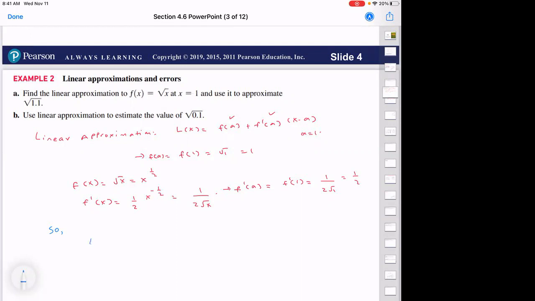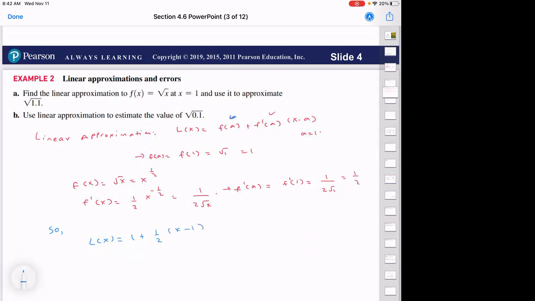So what is the linear approximation of the function at 1? Go back to this equation: f(a) is 1, plus f prime(a) is 1/2, times (x minus a), where a is 1.